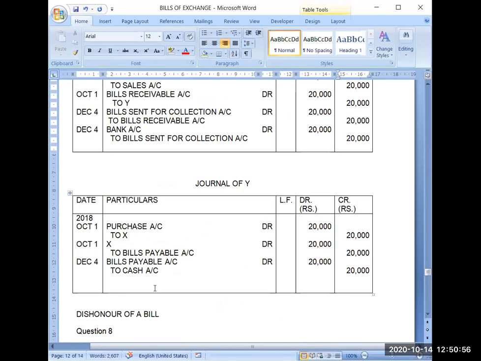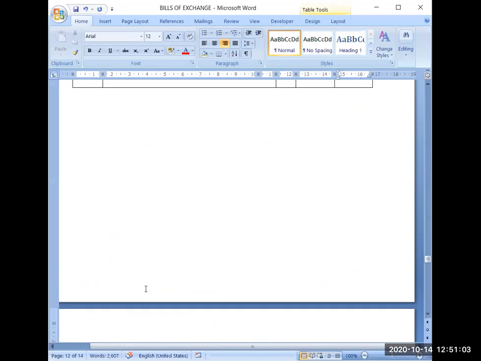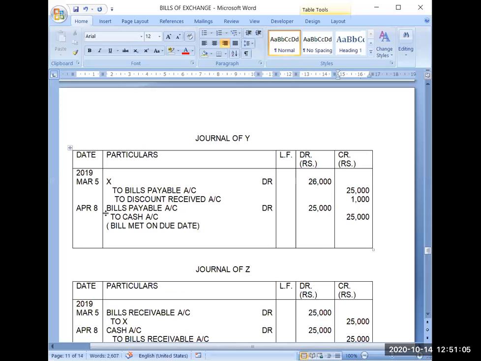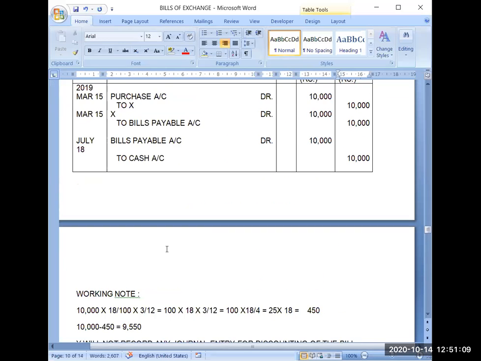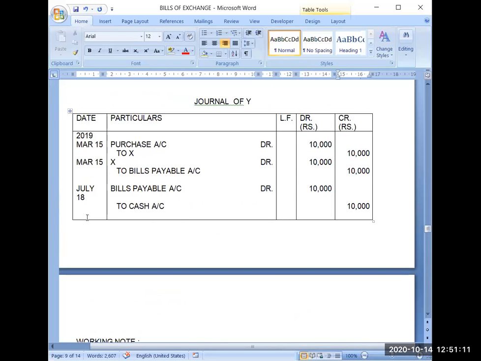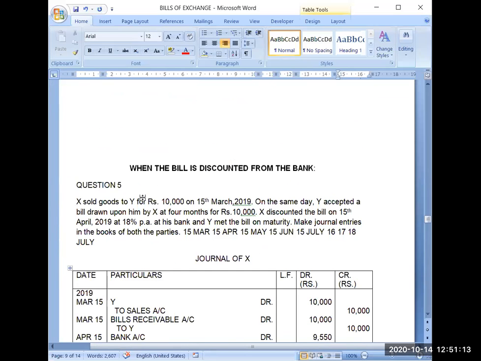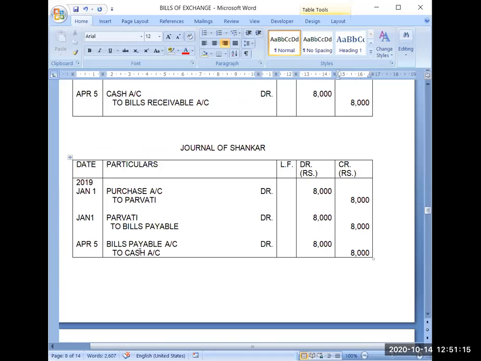Now if you will compare the journal entries for Y in every case on the due date, see here, bills payable account debit to cash account. Then in third case, it was only bills payable account debit to cash account. In second case, when the bill was discounted, it was bills payable account debit to cash account. And even the bill was kept till maturity by the drawer, it was bills payable account debit to cash account. Means this entry will always remain same.